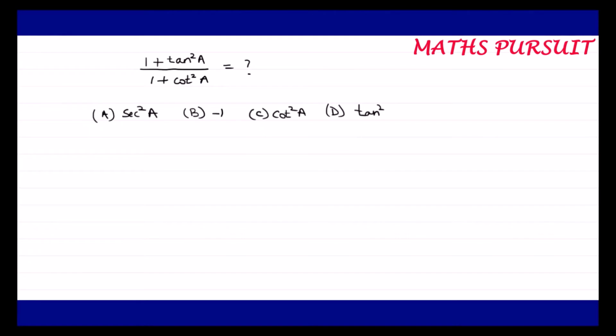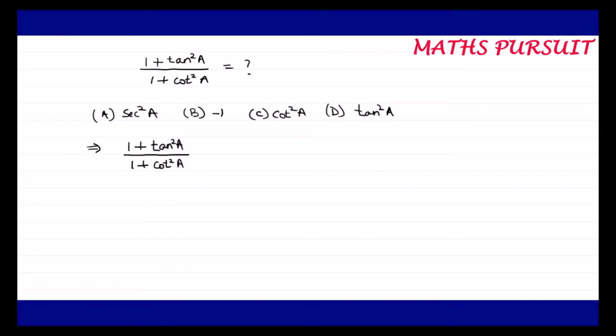So guys, let us solve this question and find out which option best fits. Here it is given that 1 plus tan square a upon 1 plus cot square a.